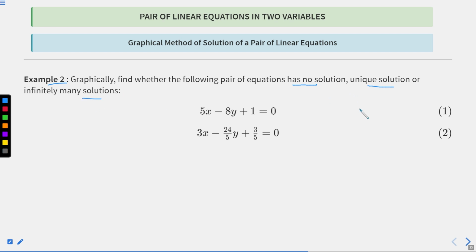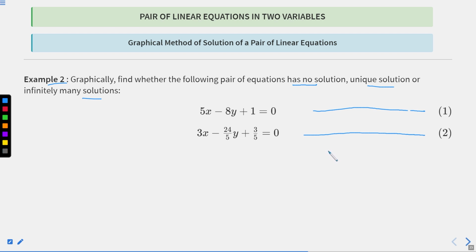Here we have given this pair of linear equations: 5x minus 8y plus 1 is equal to 0, naming this equation number 1, and the second equation 3x minus 24 by 5y plus 3 by 5 is equal to 0, naming this equation number 2.